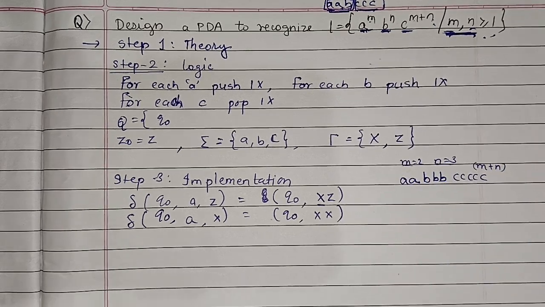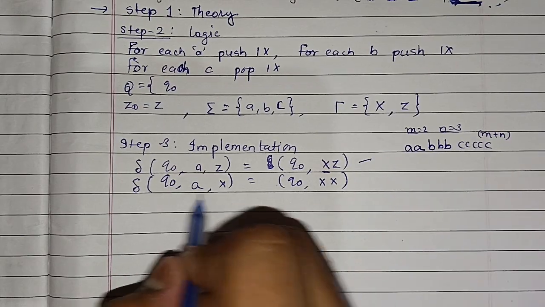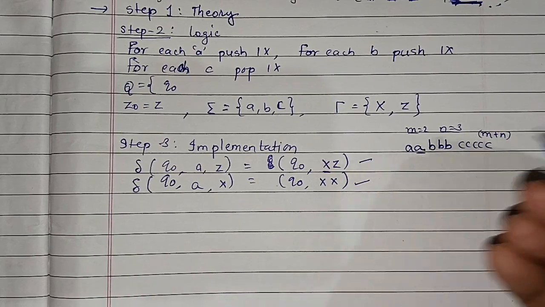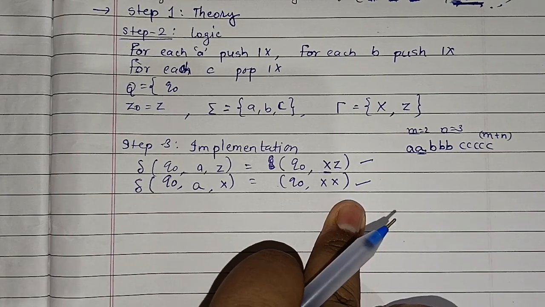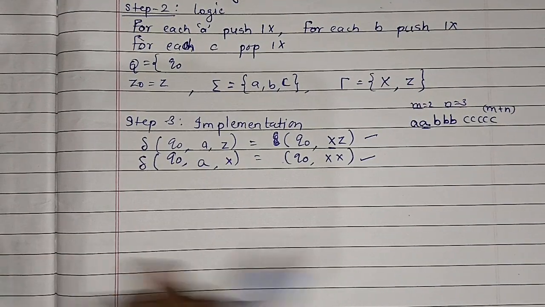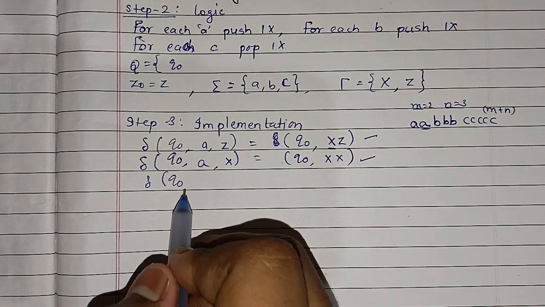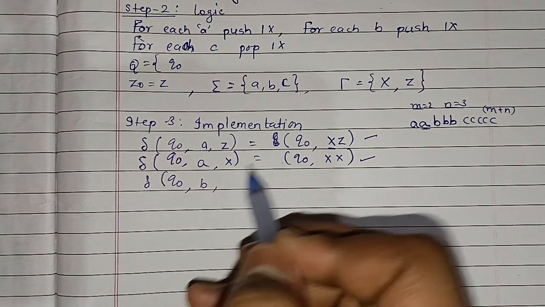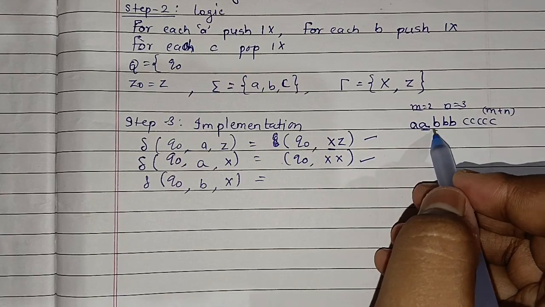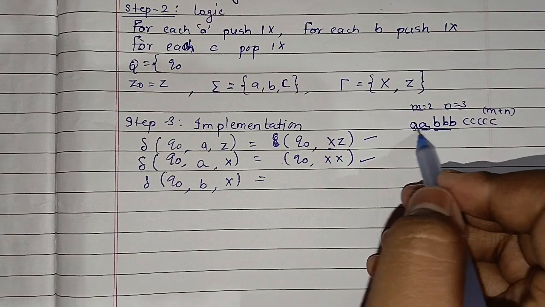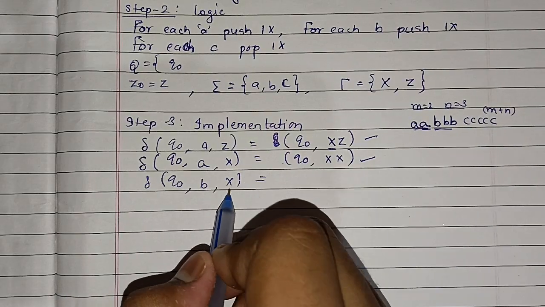For the starting condition, this transition applies for the first a, and for the second a or many a's after the first a, this transition will be applicable. Now if b comes, b will first come in the q0 state. So I am writing q0, b, and the stack top will be x only, because b comes only if a comes first, so the stack top will be x.